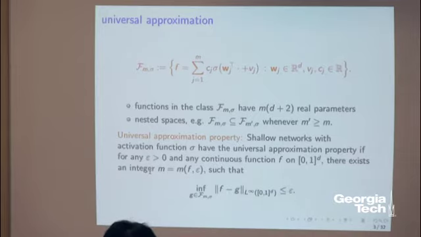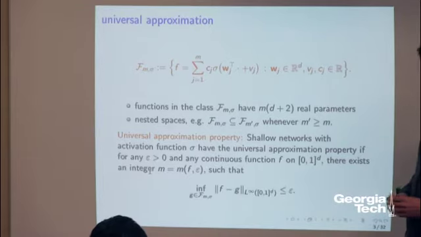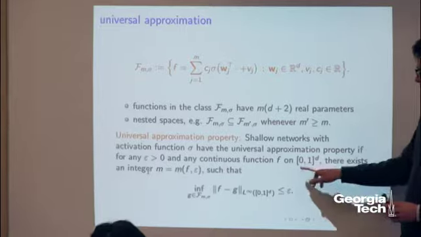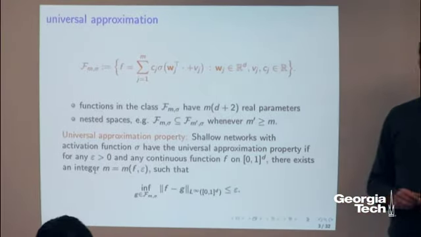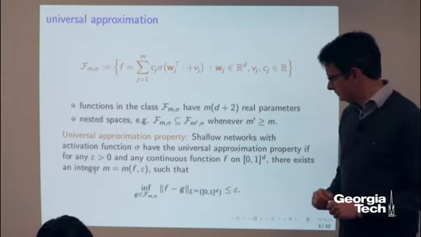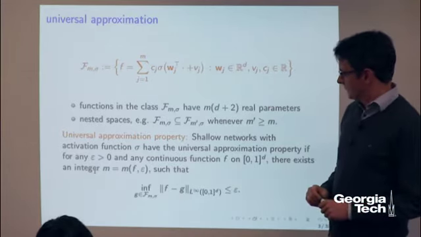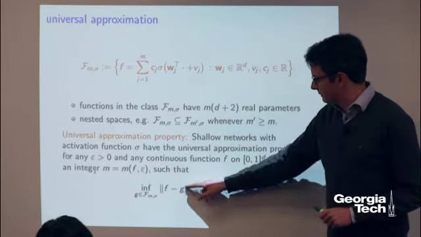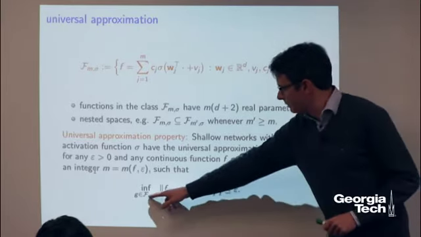And the thing people started with, a purely approximation theoretic idea, is to answer the question whether it's true that any continuous function on, say, [0,1]^d can be approximated with respect to the uniform norm by a network if we make m large enough.